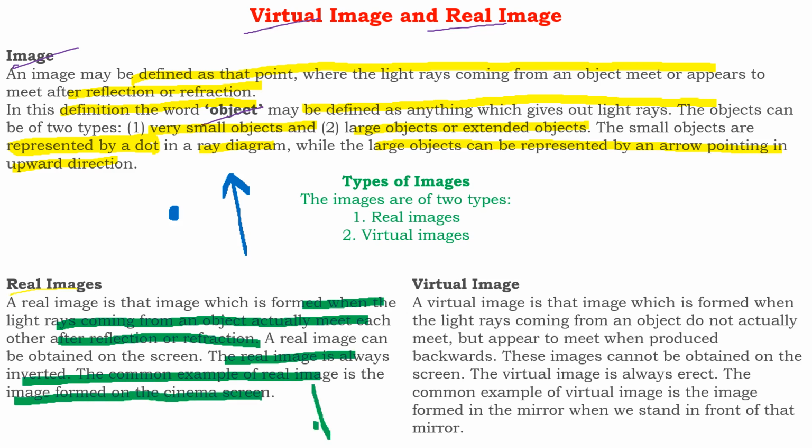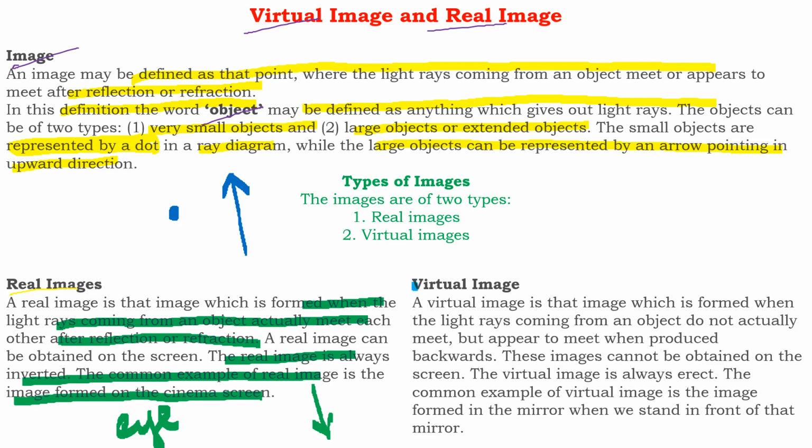It is always inverted. This is your real image. Even the image which is formed by our eyes is also real. It is also inverted. Now, how do we get to see the person in an upright position? That is because of the brain. The brain transmits the signal and gives the illusion that it is straight.